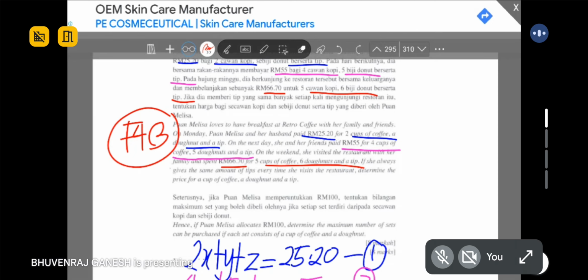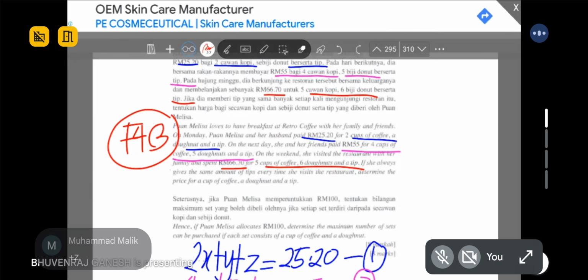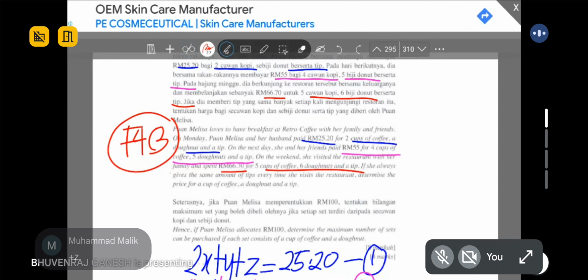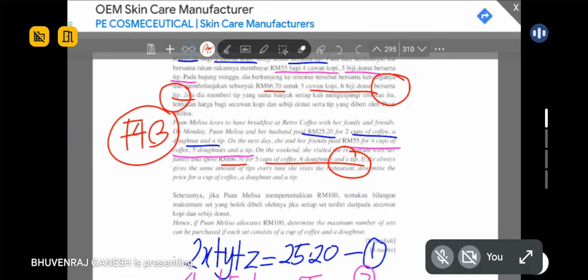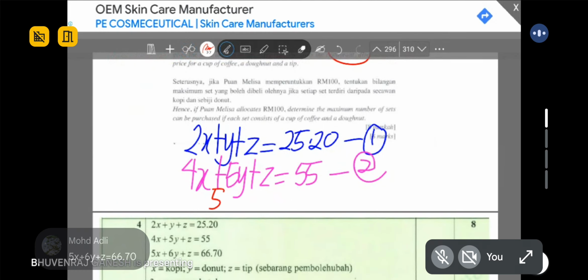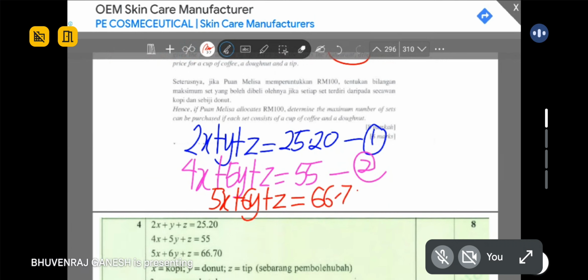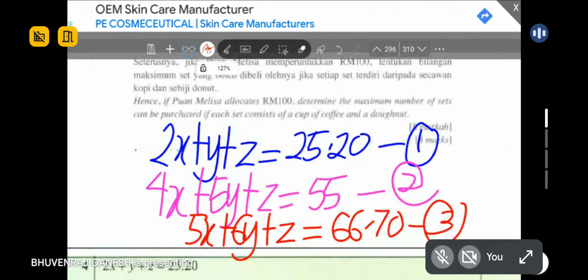You forget z. And a tip. This one. Ada satu tip kat sini. Plus z. Okay, yes. Correct. So 5x plus 6y plus z equal to 66.70. So these are your three equations here, guys.